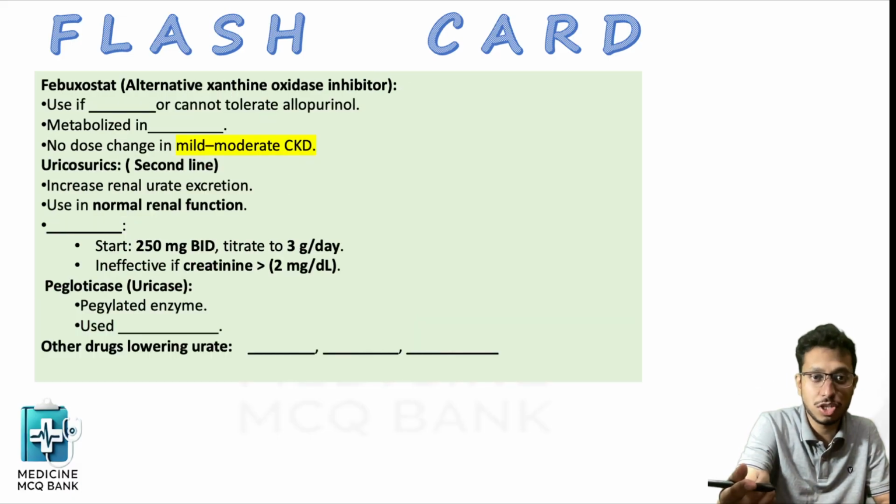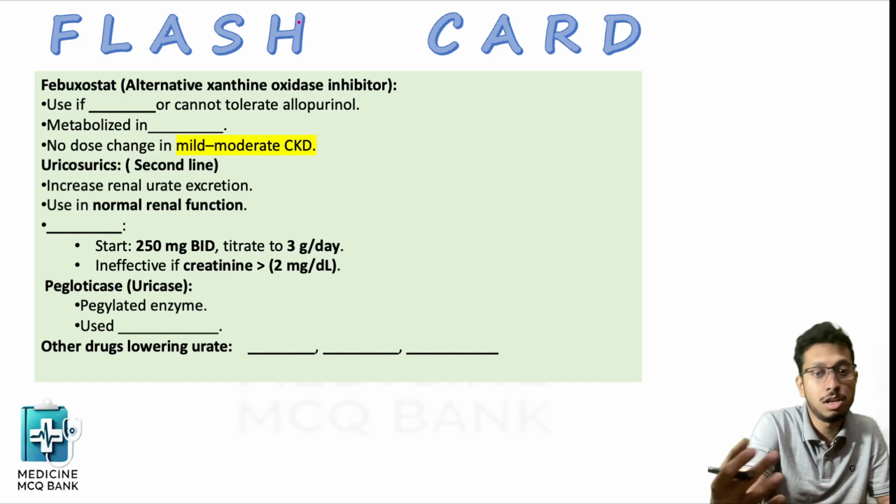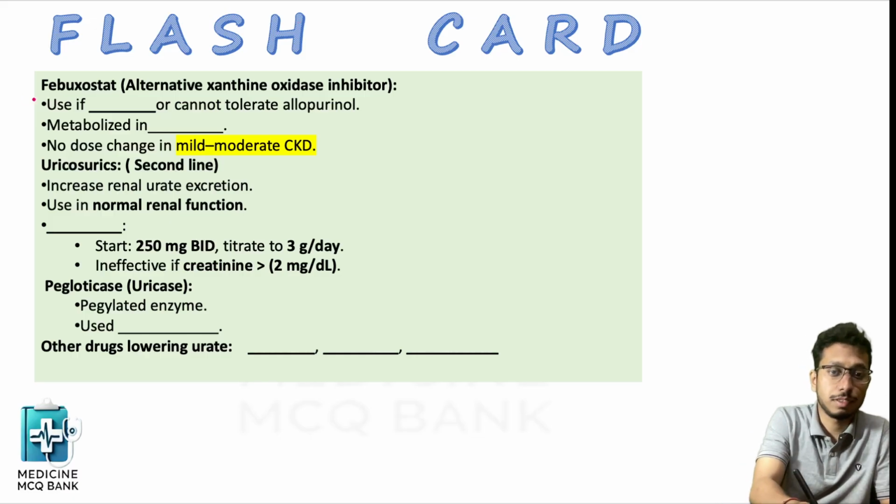Next one is febuxostat, which is an alternative xanthine oxidase inhibitor, and it is used if the patient is intolerant to allopurinol. All right. So, if there is an HLA-B5801 positive mutation case, or the patient is intolerant to allopurinol, you need to start febuxostat.